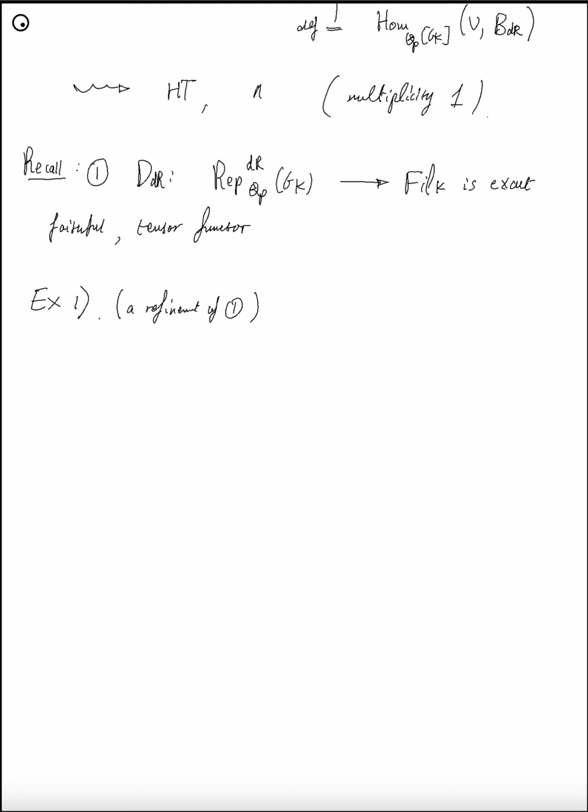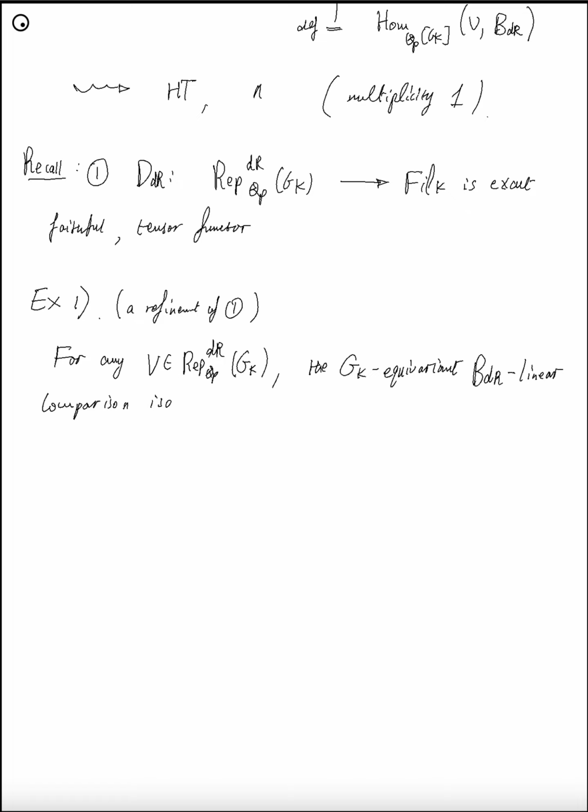Refinement 1, saying that for any de Rham representation of G_K over Q_p, the G_K-equivariant B_dR-linear comparison isomorphism, this is the one we see that it is always injective, and it is an isomorphism if and only if the dimensions of the two sides are the same.